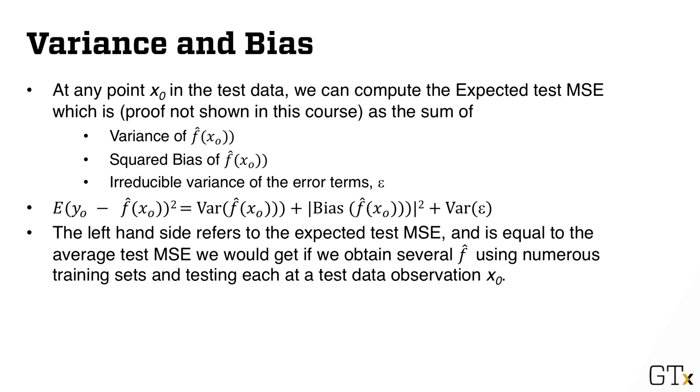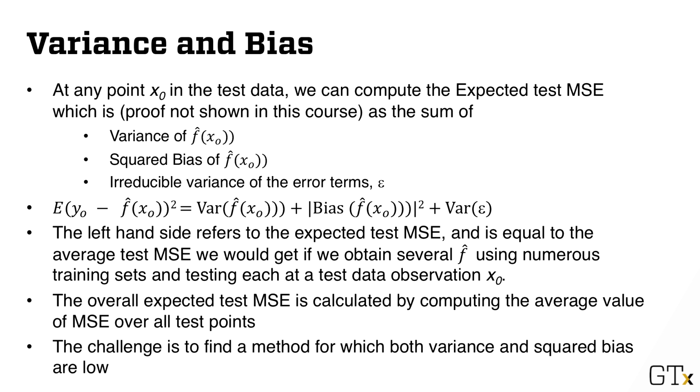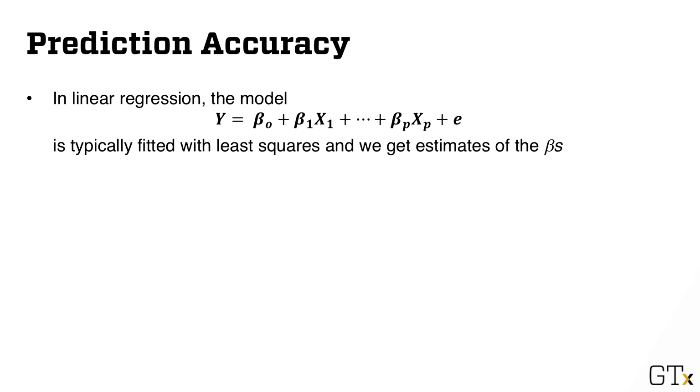The overall expected test MSE is calculated by computing the average value of that expression over all the test points in the test data. The challenge for modelers is to find a method for which both variance and squared bias are low. So, we are interested in models that have a good prediction accuracy.